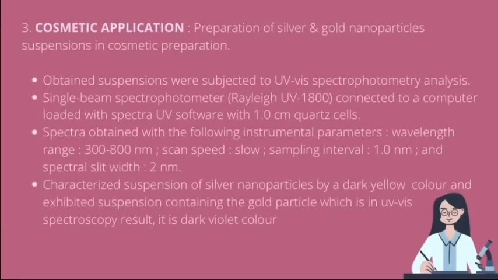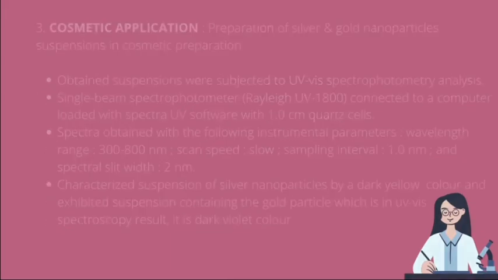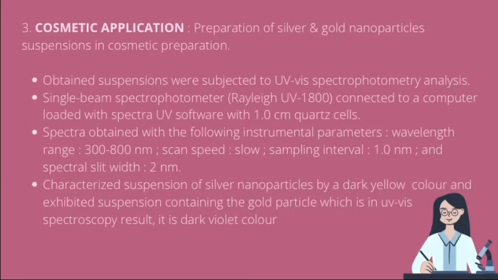Then in cosmetic application, which is the preparation of silver and gold nanoparticle suspensions, the obtained suspensions were subjected to UV-VIS spectrophotometry analysis. A single beam spectrophotometer connected to a computer loaded with Spectra UV software with 1.0 cm quartz cells was used.